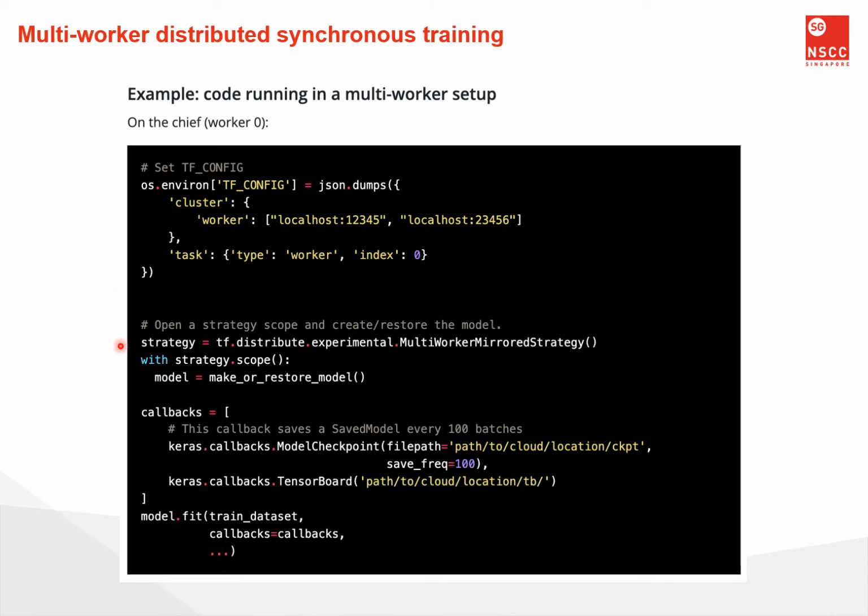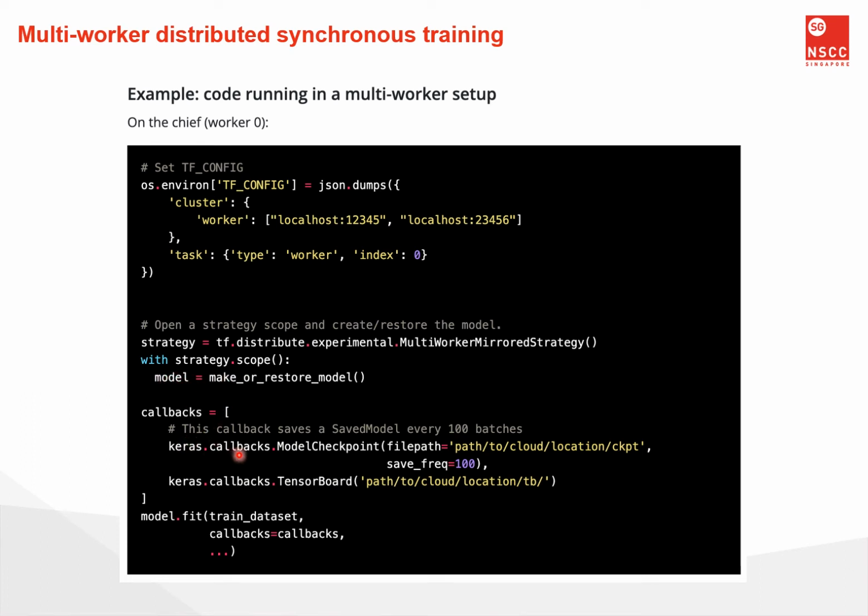Then we run the strategy, and the strategy we are using is the MultiWorkerMirroredStrategy, as mentioned before. With the strategy scope open, we then create the model. We do the model creation and compile. Now, if the model has been saved into a file earlier through a checkpointing mechanism, then we can restore it from the file. Otherwise, it will be compiled from scratch. And then it's saved.